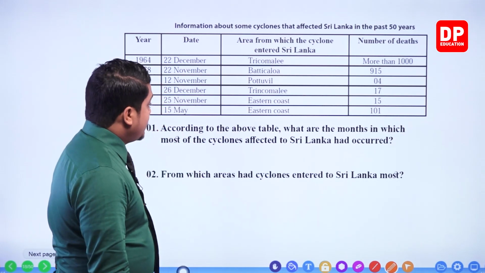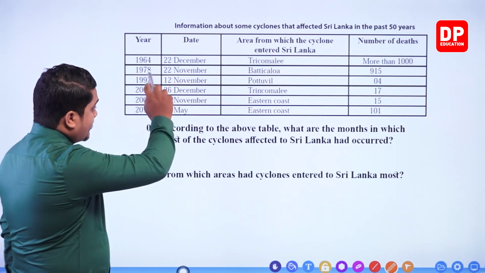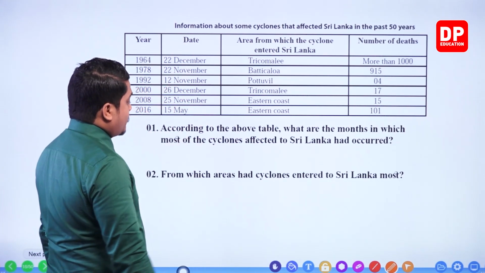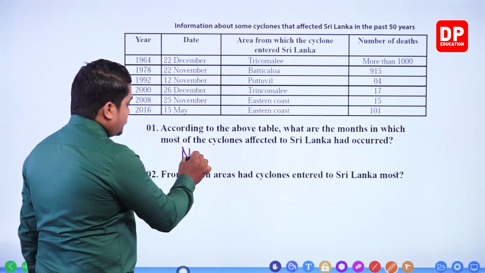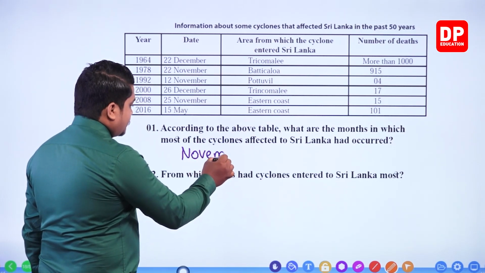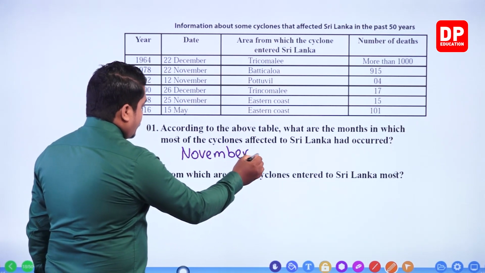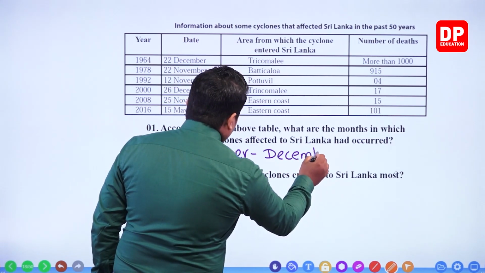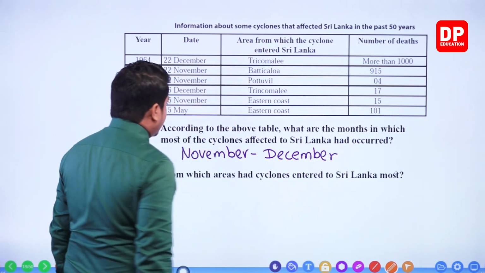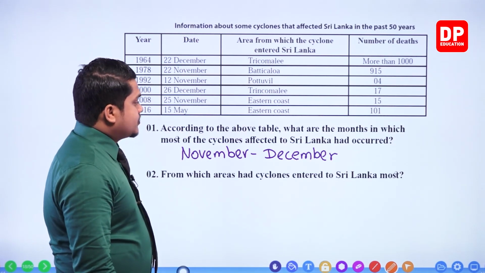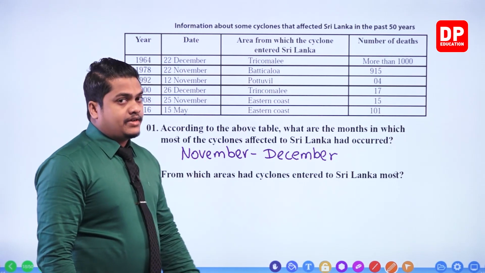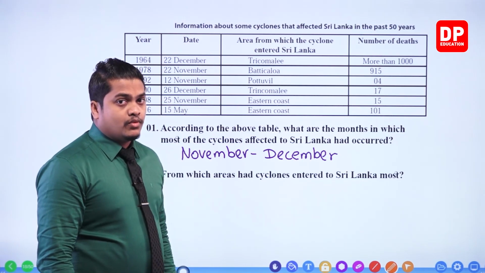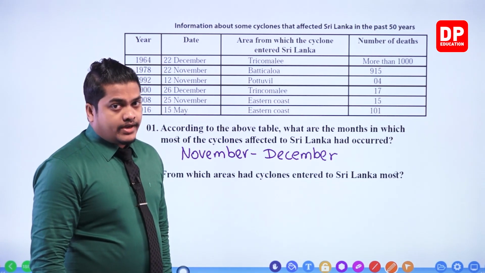So as you can see here, if you check the table quite carefully, you can see that from November to December, the November-December time period, during that time period, Sri Lanka has suffered more cyclones.